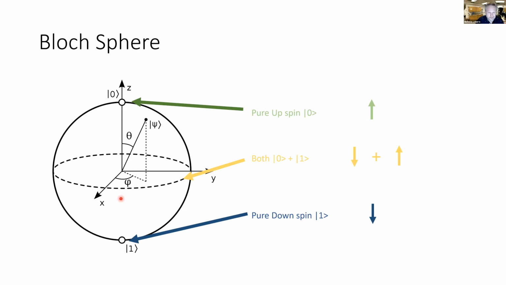If you have exactly equal probabilities of both 0 and 1 at the same time, it's going to point somewhere on this equator, this dotted line here. And where on the equator it points, this phi angle, depends on the relative phase between 0 and 1.